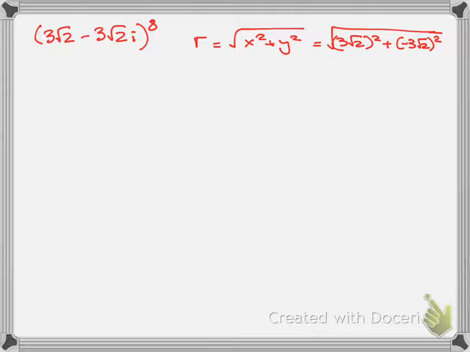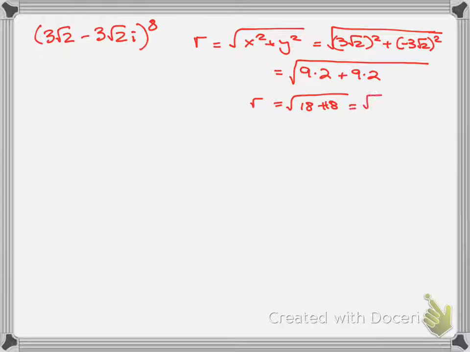So 3 square root of 2 squared is equal to 9 times 2. And the negative raised to a second power becomes positive, and that is also 9 times 2. So r is equal to the square root of 18 plus 18, which is the square root of 36, which is 6.